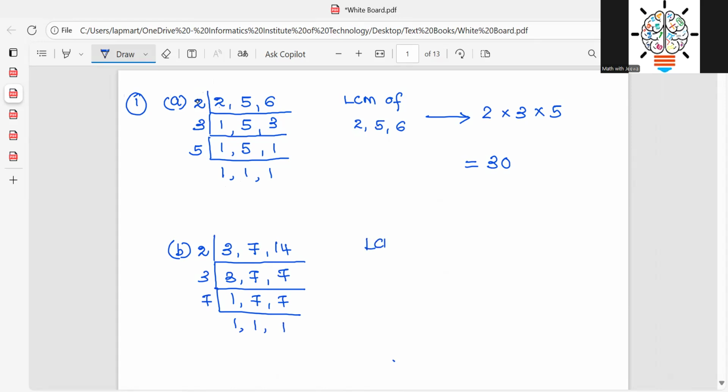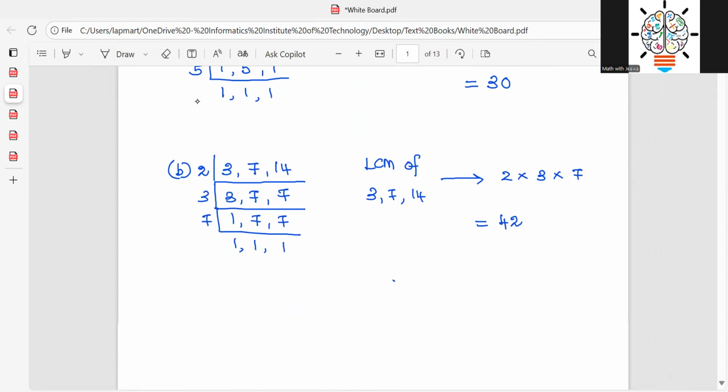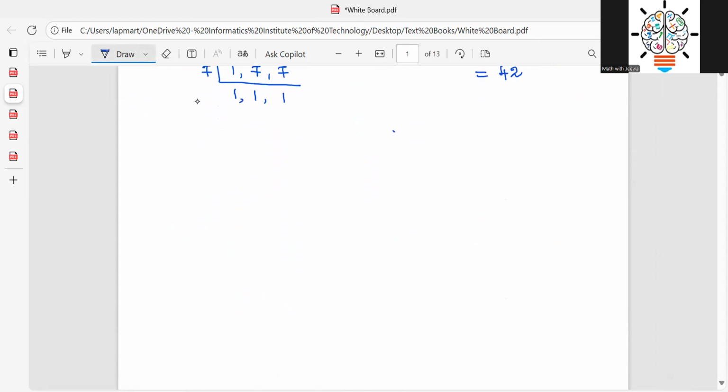So how do you get the LCM of 3, 7 and 14? 2 times 3 times 7. 2 times 3 is 6, 6 times 7 is 42. Right? Okay.